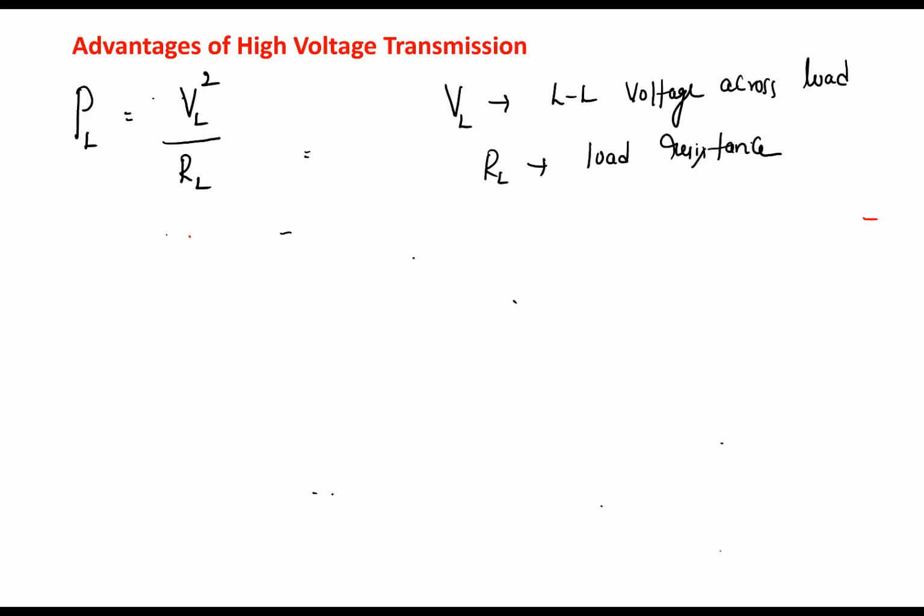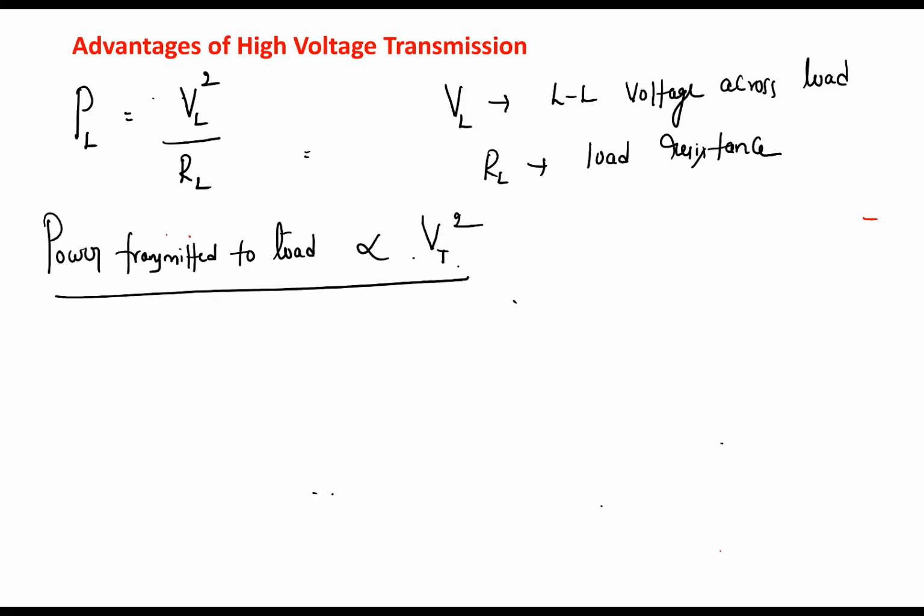Since in a transmission line the transmission voltage is nothing but the receiving end voltage, how much power are you able to transfer to the load? Power transmitted to load is directly proportional to Vt square.